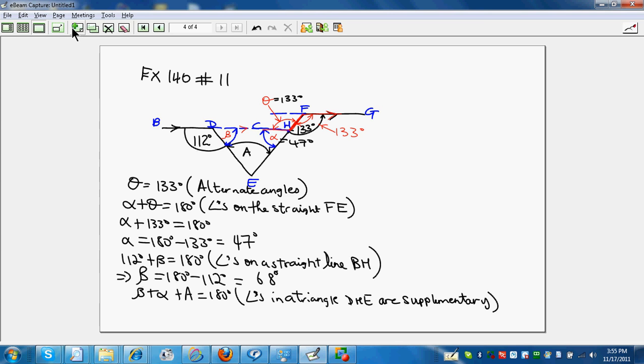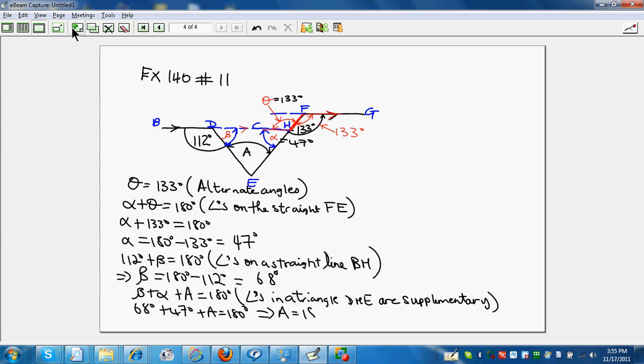So beta plus alpha, we know beta is 68, we know alpha is 47, so we could write 68 degrees plus 47 degrees plus A is equal to 180 degrees. So all we have to do to find A, we'll subtract 68 and 47 from the left hand side. We have to do it on the right hand side as well.